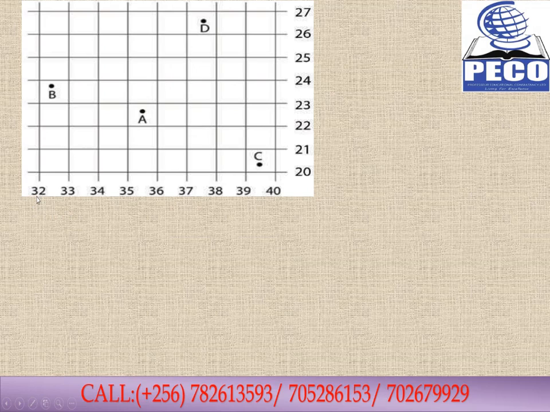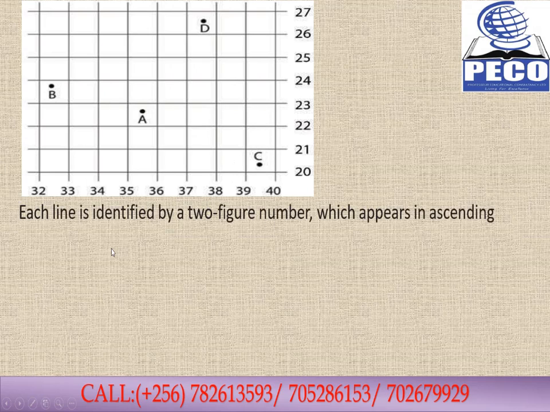For example, from the left corner we have 32, then 33, and they increase. By the time we come to the right corner, it is 40. So they are increasing eastwards, and we call them eastings. Then our horizontal line, the bottom line is 20. As you go to the north, the values increase 21, 22, and the top line is 27. So the vertical ones are called eastings, while the horizontal ones are called northings.